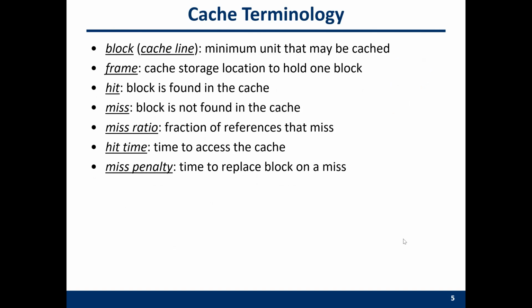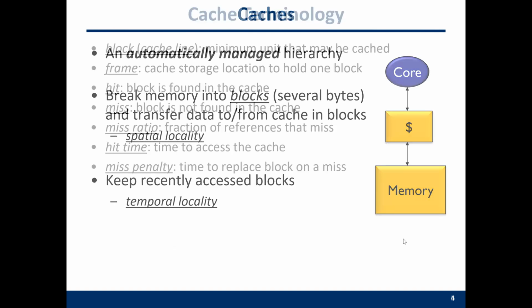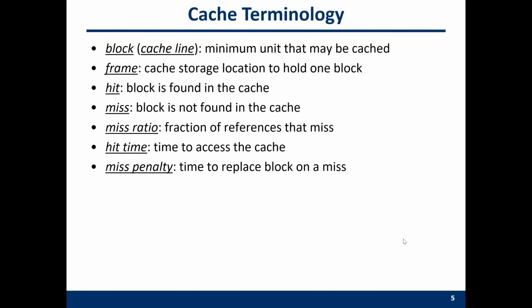So here are some definitions. The first one is a cache line, or block. The cache line is the minimum granularity size we read from DRAM to cache. So each time we read 32 bytes or 64 bytes. Frame means the physical location in the cache which can store the cache line.